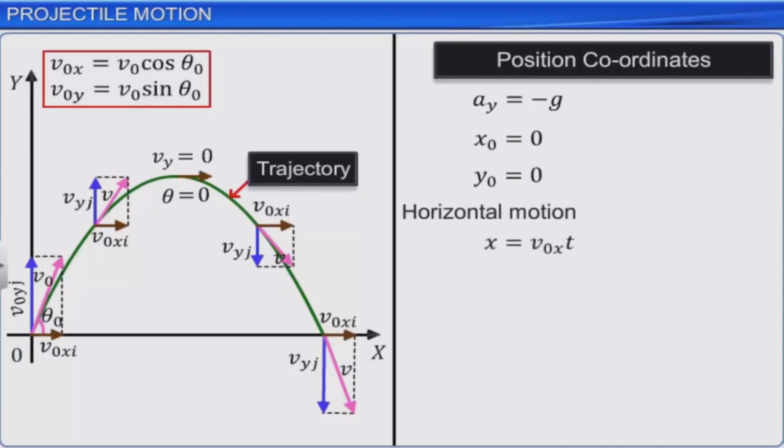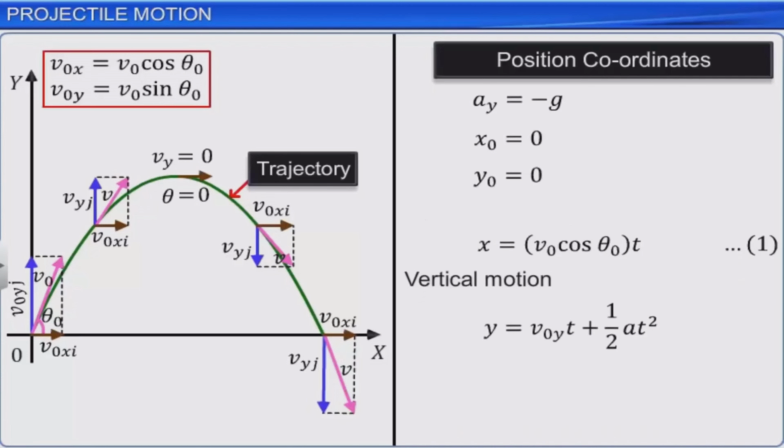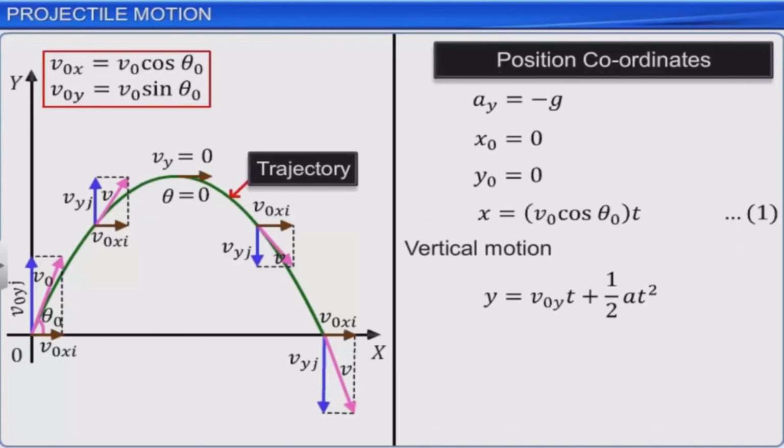On substitution, we get x is equal to v0 cos θ0 into t. Let this be equation 1. Similarly, vertical motion can be written as y is equal to v0y into t plus half a t square. On substitution, we get y is equal to v0 sin θ0 into t minus half g t square. Let this be equation 2.